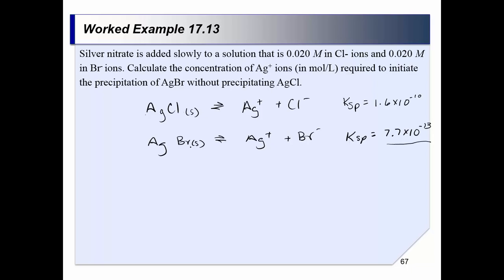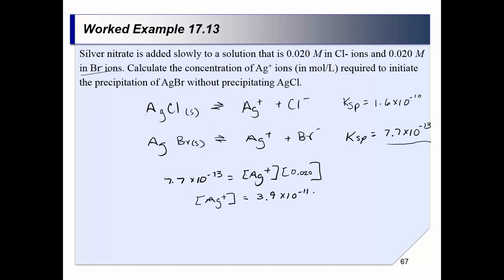So if we solve for silver by using the Ksp expression, I would say 7.7 times 10 to the negative 13 equals silver times the concentration of bromide ions, which I'm just going to fill in here as 0.020 molar. So I can solve for my silver, and the concentration of my silver ions is 3.9 times 10 to the negative 11 molar.